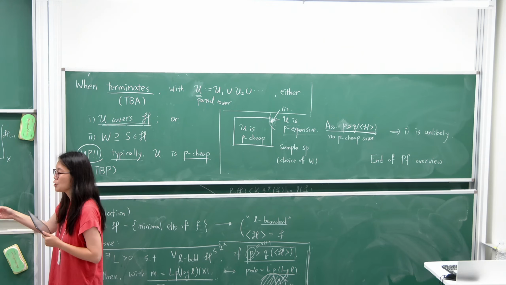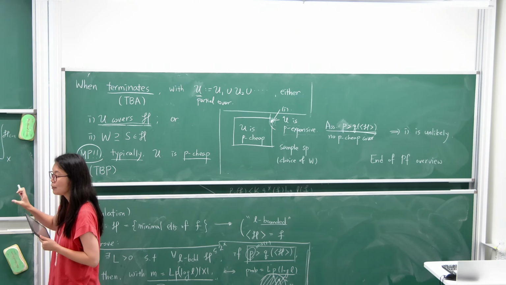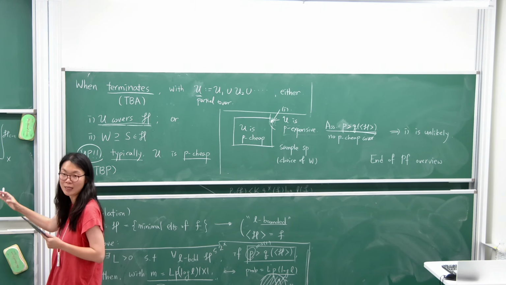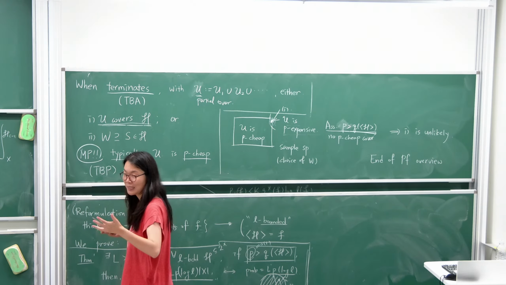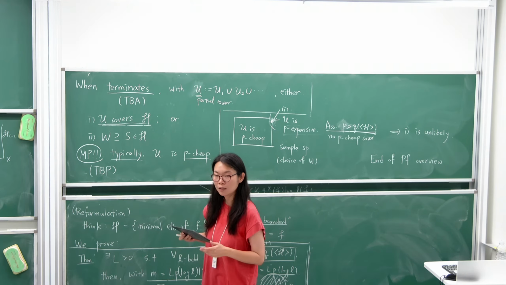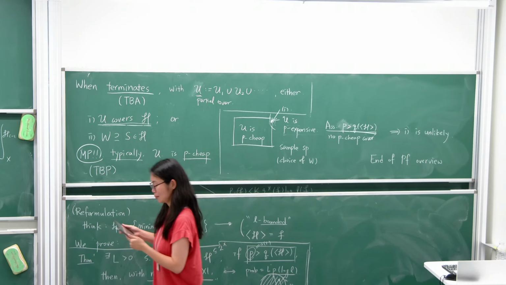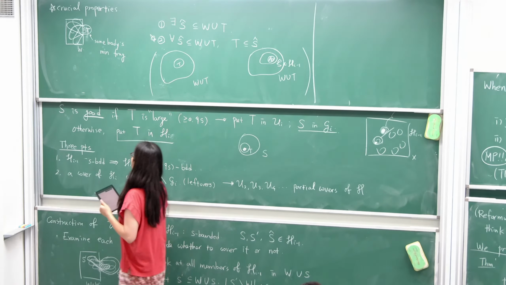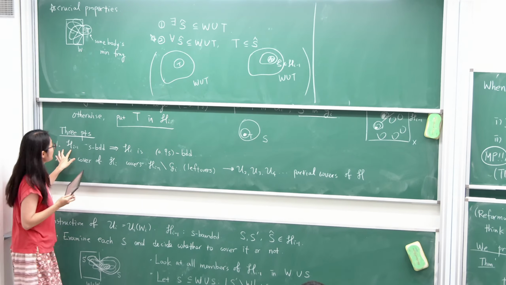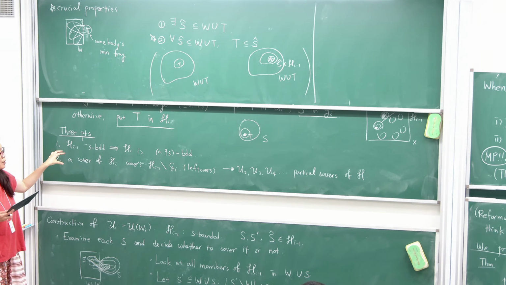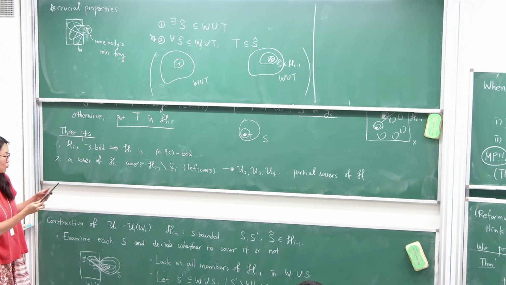Because each time we construct a cover of the current host graph, then it covers the initial host hypergraph. So we can safely iterate this algorithm. So the first one is needed to guarantee that this algorithm terminates, and the second one is needed to show that we can iterate this algorithm.